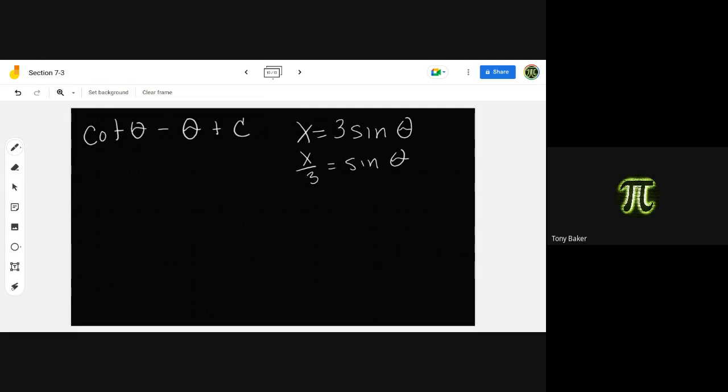Which two sides is sine? Opposite and hypotenuse. So if we make a nice little right triangle here and make that theta, that's X, and that's 3, because that's opposite over hypotenuse. Okay?